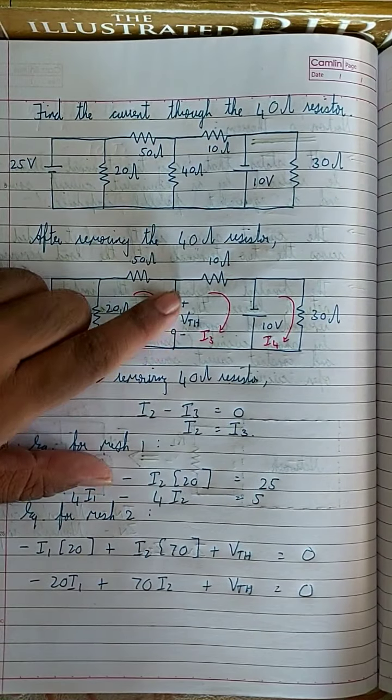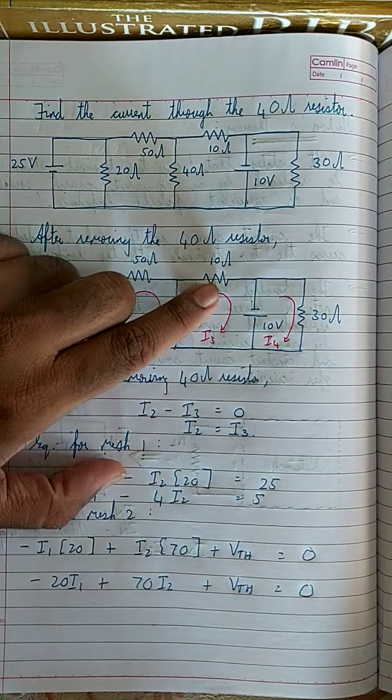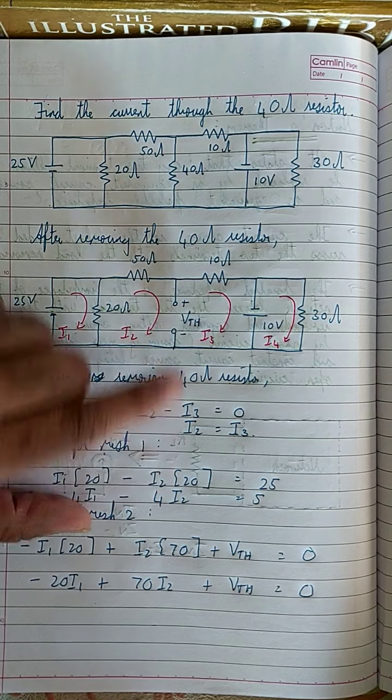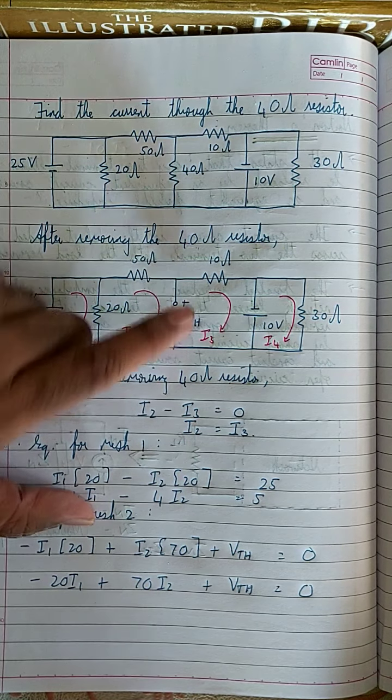And what about this over here? This current I3 is flowing from a lower potential to a higher potential, which is not what a current is supposed to do. A current always flows from a higher potential to a lower potential, but in this branch it is going upwards, so it is minus VTH.